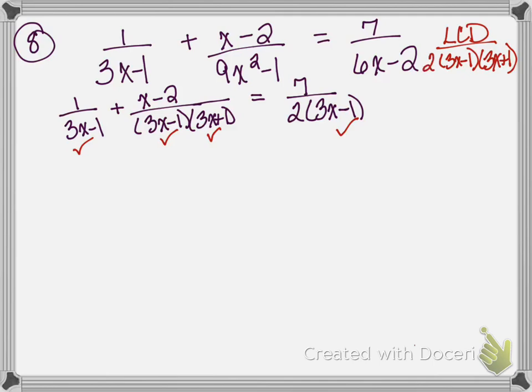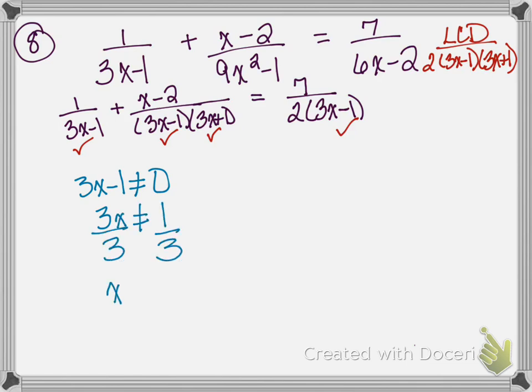Okay? Now I want to look at undefined values. My first one is 3x minus 1 cannot be 0. So I have 3x cannot be 1. And so x cannot be 1/3. Okay, so that's one of my undefined values. Now, I've already done 3x minus 1, so I don't have to do that one again. I do have to do 3x plus 1. So 3x plus 1 cannot be 0.